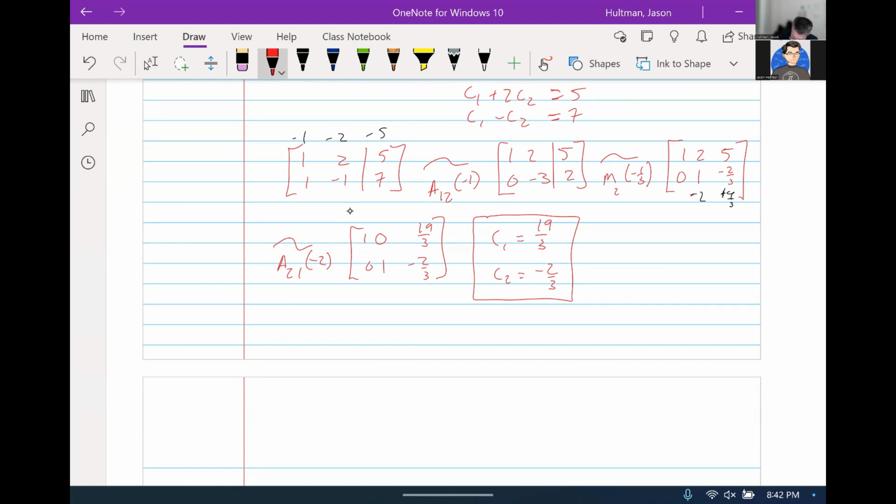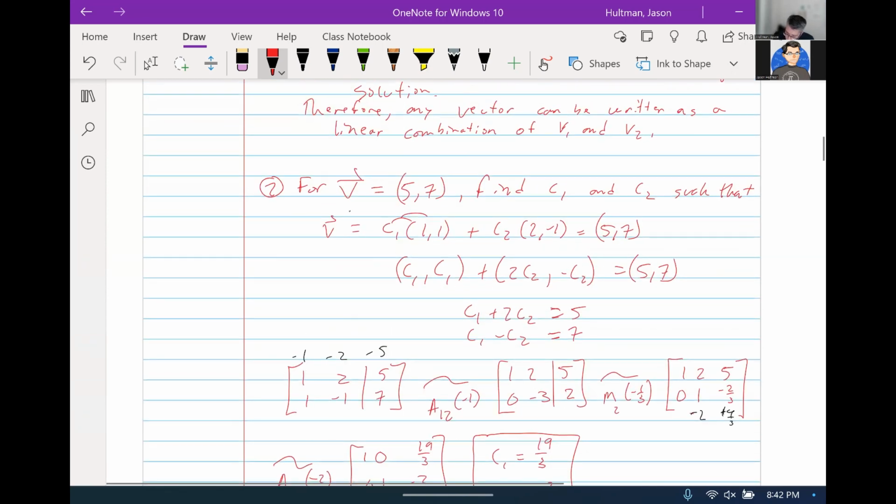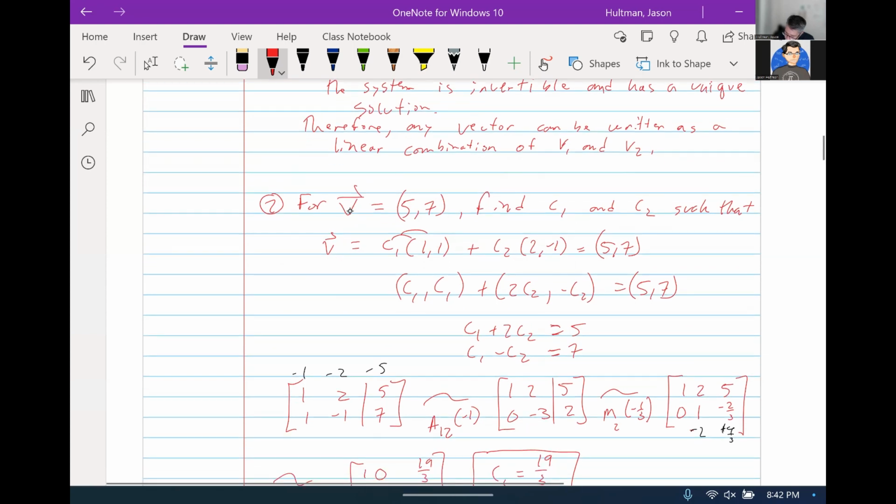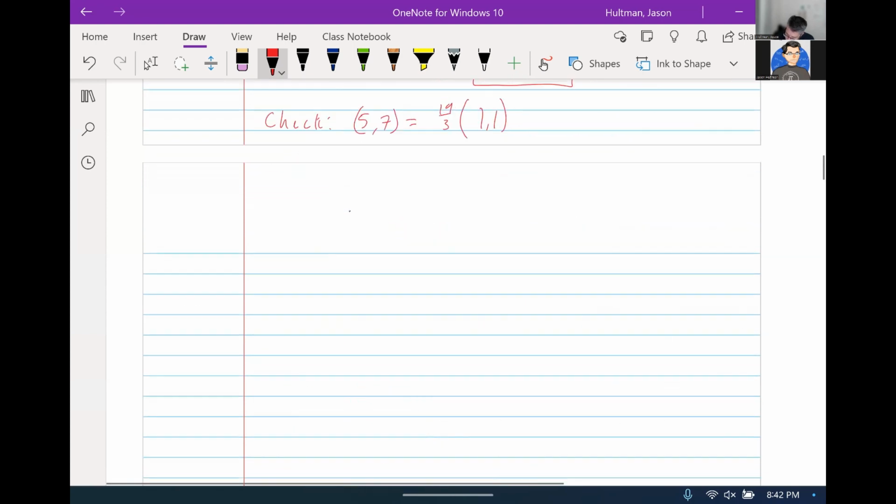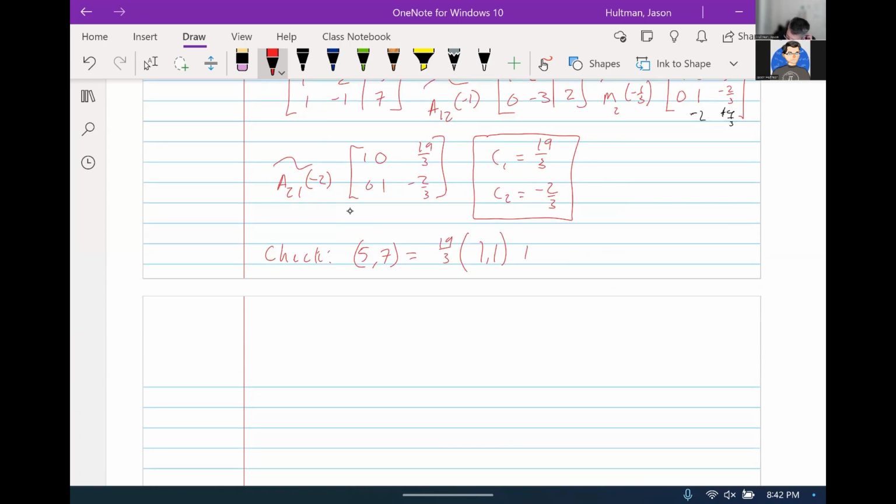So we could just check by saying, is (5, 7) equal to C1, which is 19/3, times my first vector V1, which was (1, 1), plus -2/3 times V2, which was (2, -1). Does that equal (5, 7)?